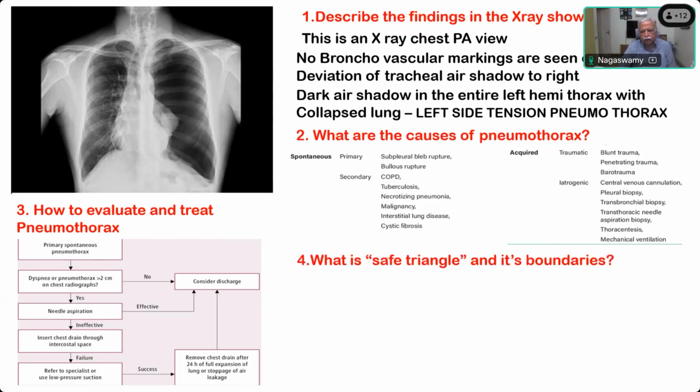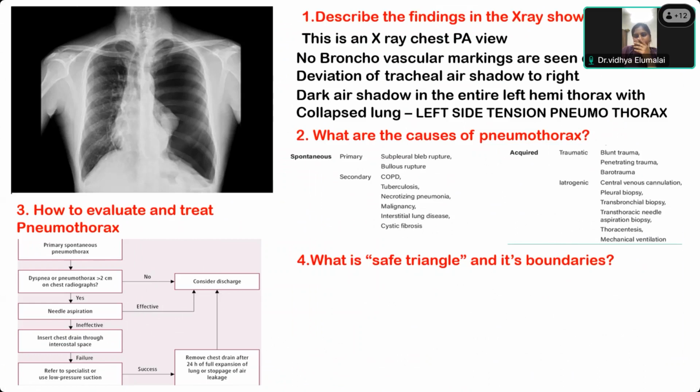What is the safe triangle and its boundaries? Sir, it is in the fourth intercostal space in the midclavicular line. Medially, the lateral border of pectoralis major, and laterally the medial border of latissimus dorsi.